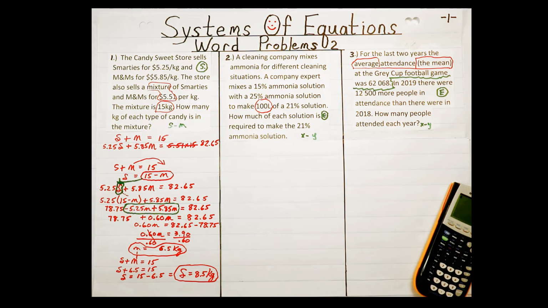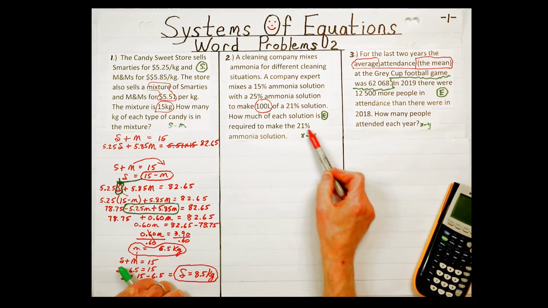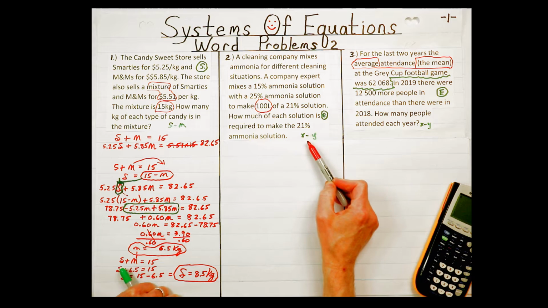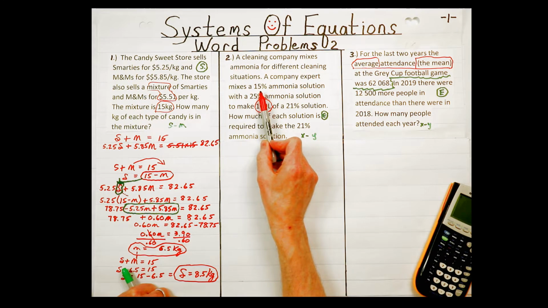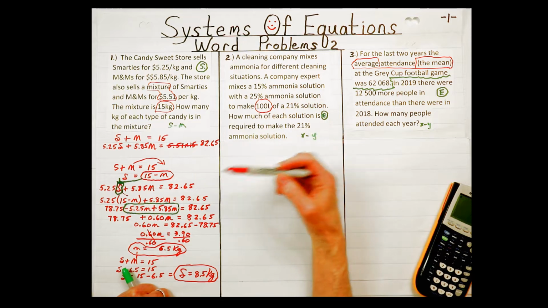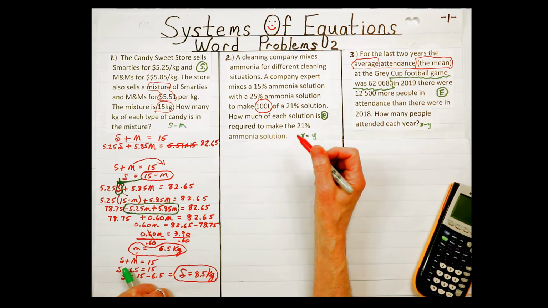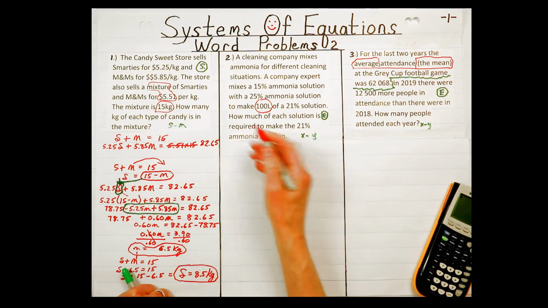All right, first thing that I'm going to do, I looked at what I had written here before I started, and because our two products, if you can call them that, 15% ammonia solution and 25% ammonia solution, it's not really the same as S for Smarties and M for M&Ms.